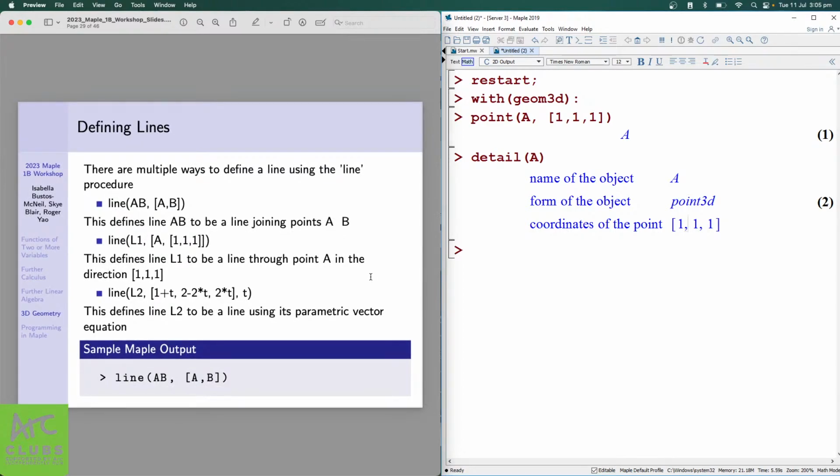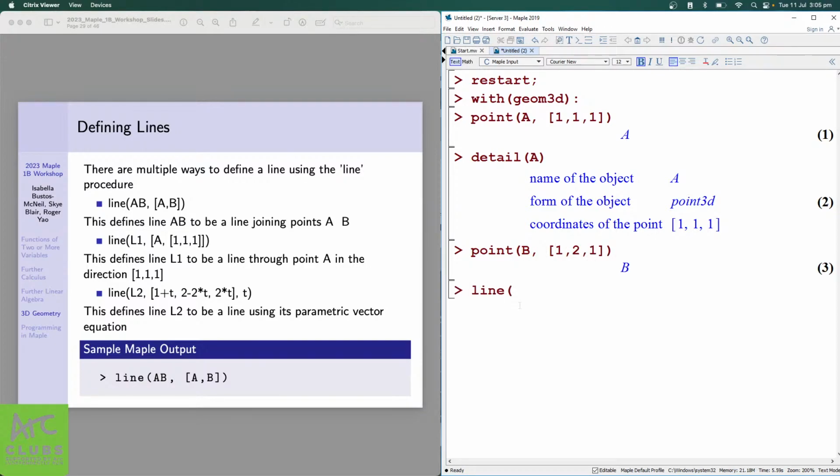Now, for defining lines and all these other objects, the procedure in which we do it becomes a lot more varied. So there's several ways we can define lines in Maple. The first one is to define a line as a line that connects 2 points. So we've already defined a point A. Let me define a new point B. I'm going to call this new point B, and I'm going to let it be 1, 2, 1. Now, I can create a new line.